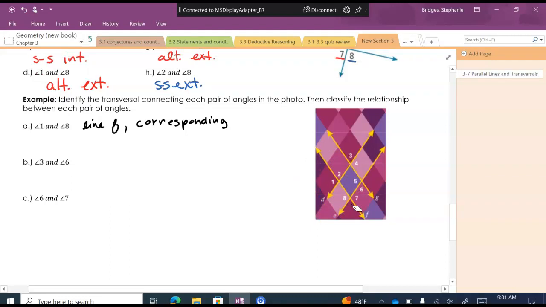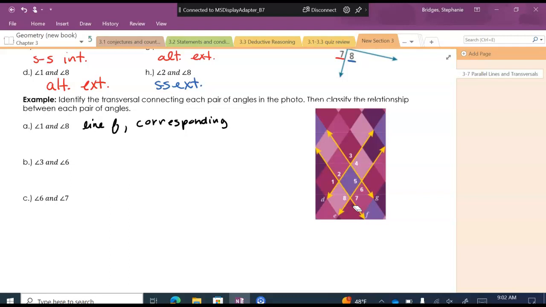Angle 3 and 6, look at 3 and 6. Decide what is the one line that they both touch. And then tell me what kind of angles they are. Are they alternate interior, alternate exterior, same side interior, or same side exterior? Name the one line they both touch.